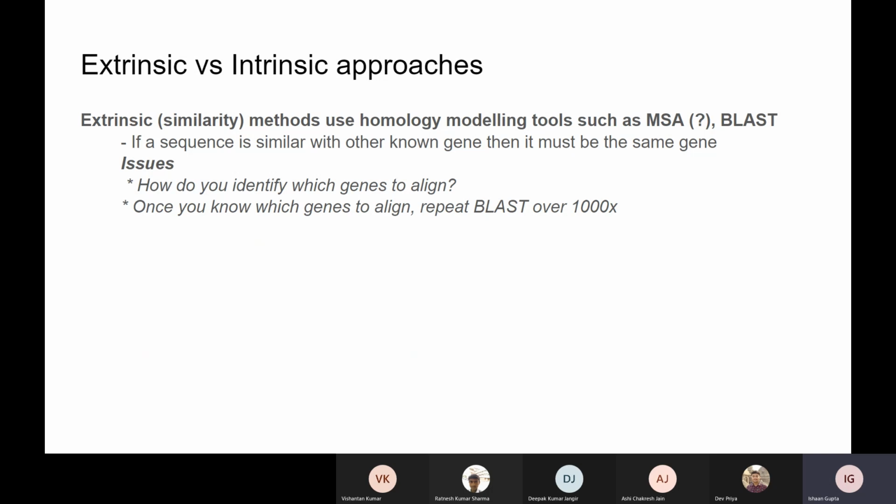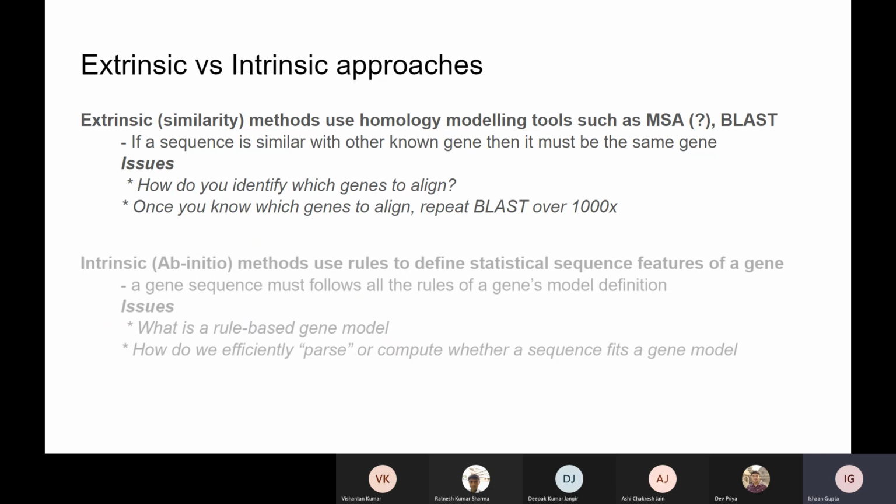You cannot put 10,000 or 100,000 base pairs in the BLAST, because then it will give you multiple locally aligned sequences. So this is going to be a challenge.